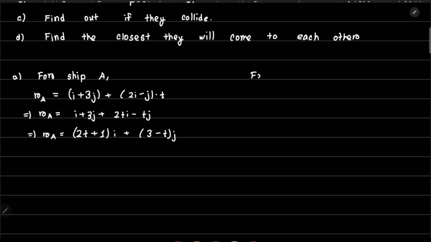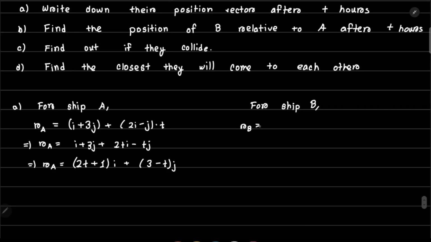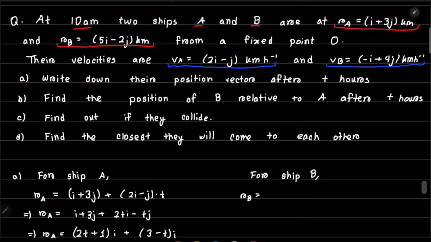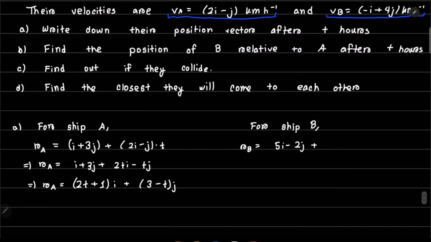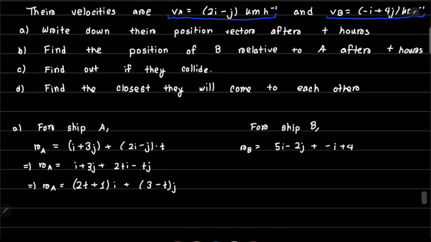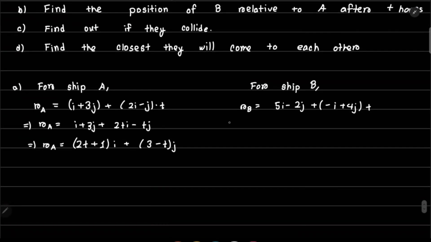And for ship B, in a similar manner, we can find its position vector. Its initial position is 5i minus 2j. Its velocity vector is minus i plus 4j. And we have the time t.